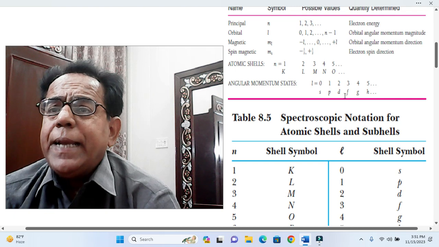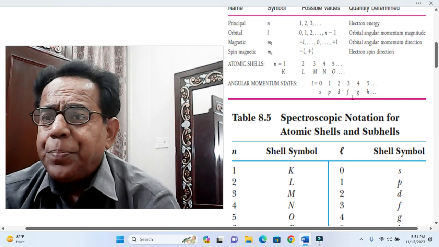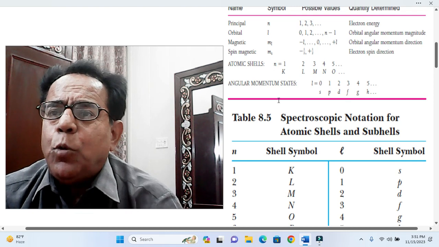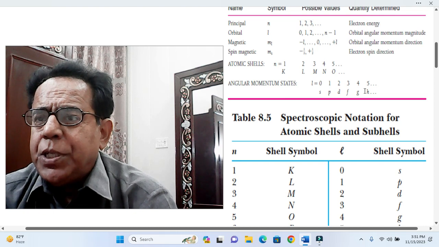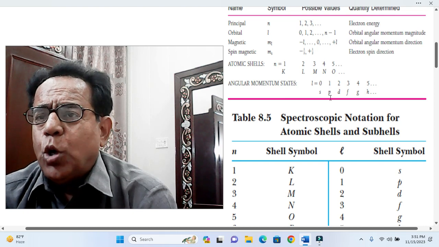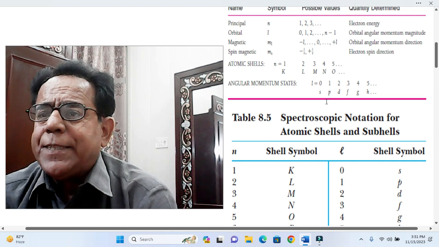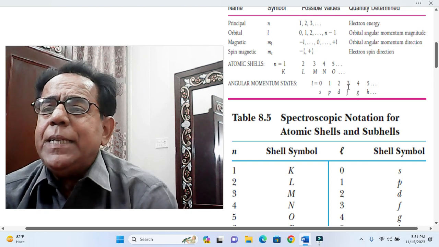So here in 6F, 6 is n, while l is this 3, which is written above F. Angular momentum states l equal to 0, 1, 2, 3, 4, 5, and below these values of l, subshells are written as S, P, D, F, and we see that F is written below 3, that is l equal to 3.